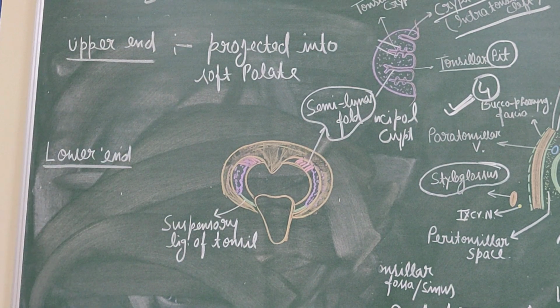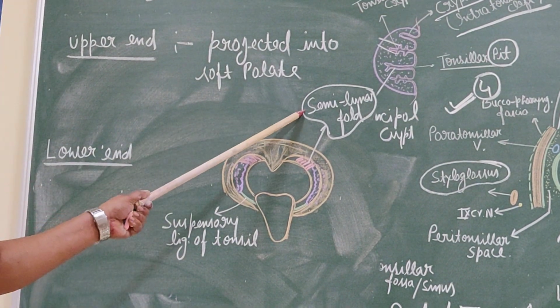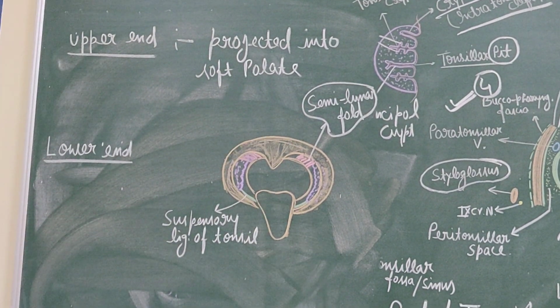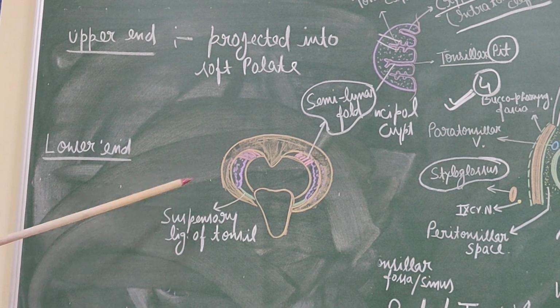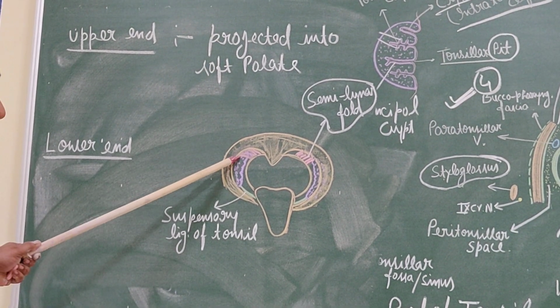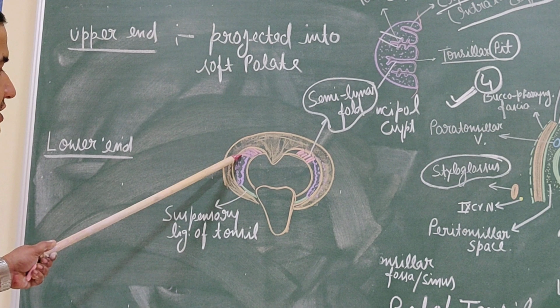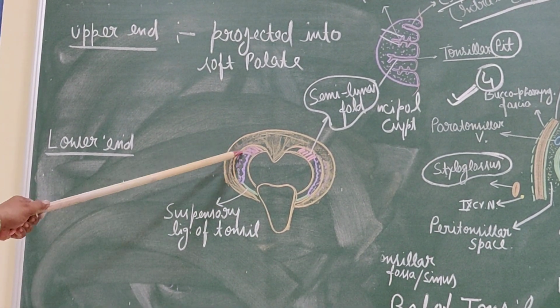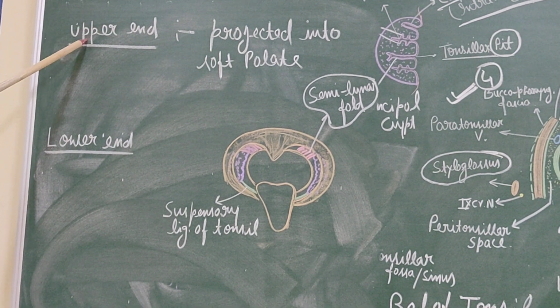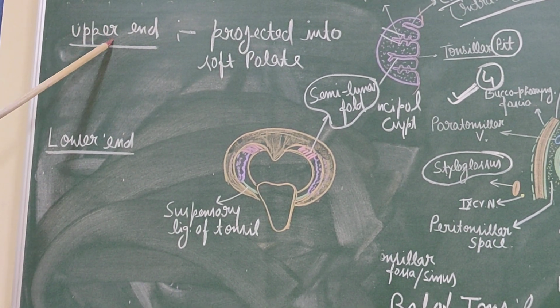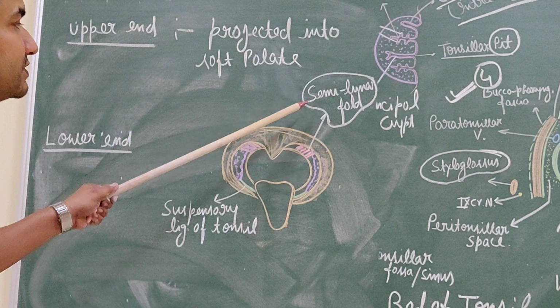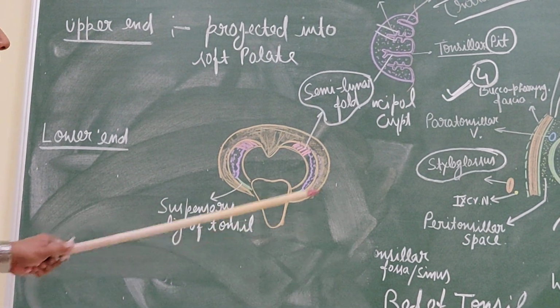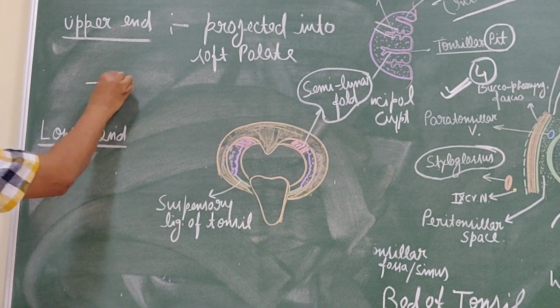This is the embryological fold of the mucous membrane that extends from the palatoglossal arch to the palatopharyngeal arch, and it covers the medial surface of the upper end of the tonsil, and it forms a fossa.